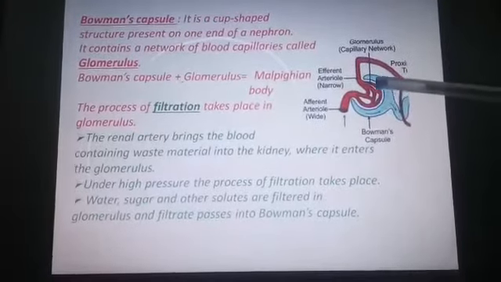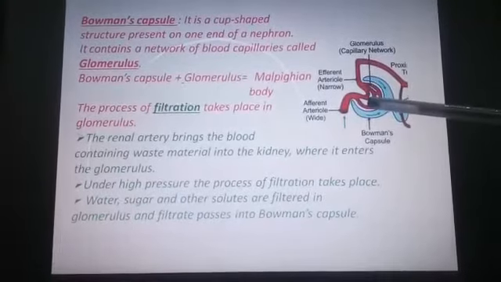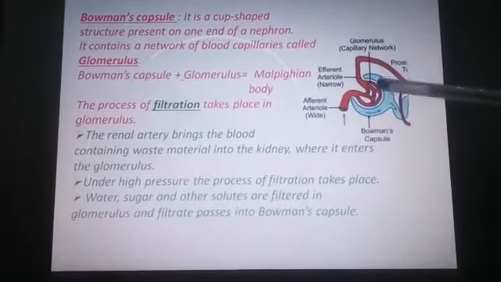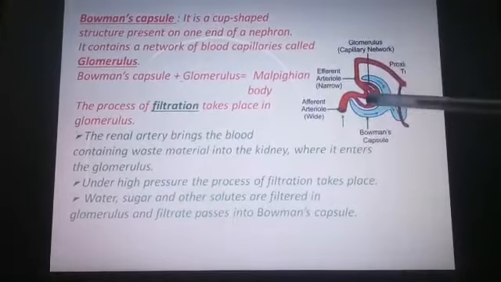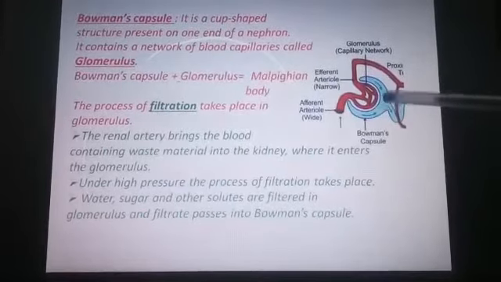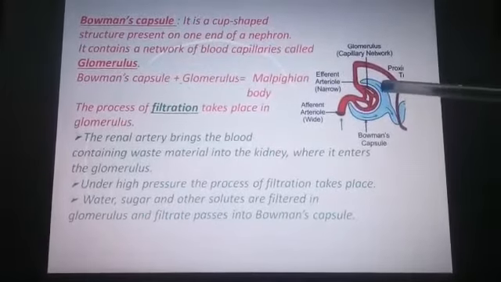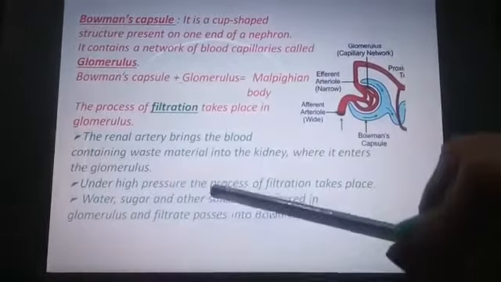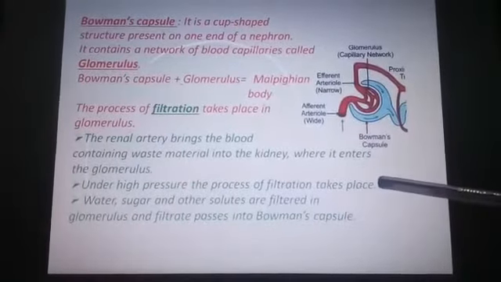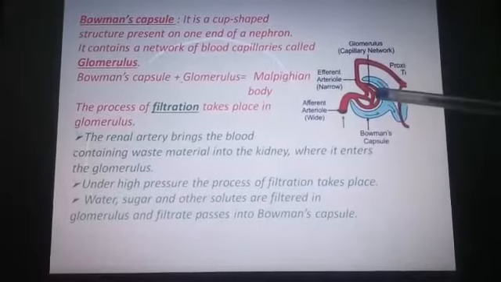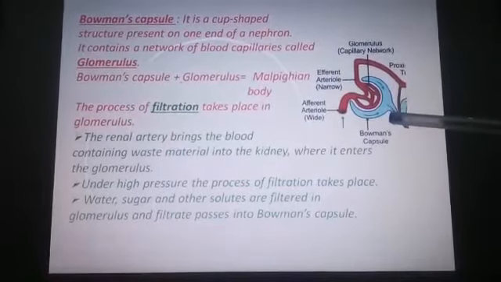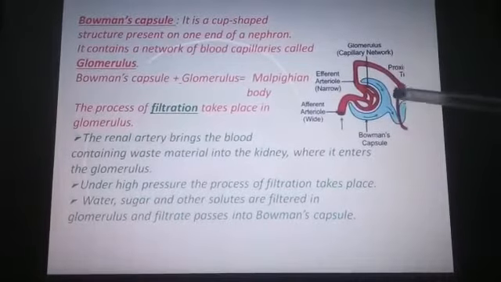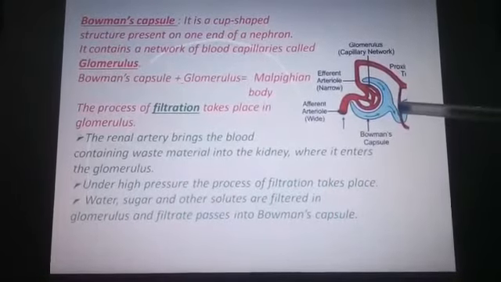Therefore, blood pressure is created within these capillaries, within this glomerulus. That results in the movement of the plasma-like substance into the Bowman's capsule. So under high pressure, the process of filtration takes place. The plasma-like substance that enters the Bowman's capsule contains water, sugar, and other solutes along with the waste material.